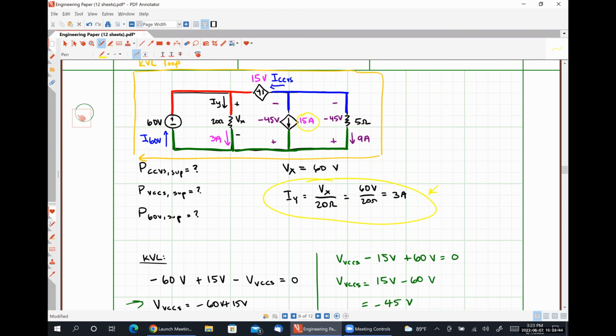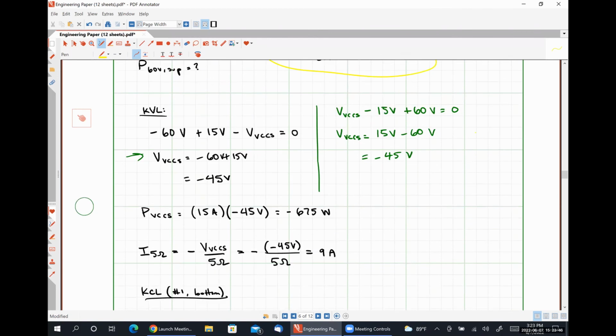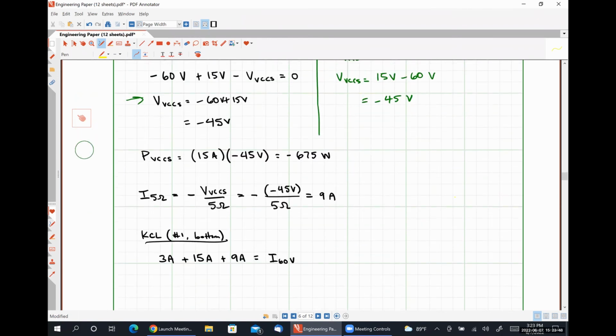For this 9 amps here, we did that right here. When the current was flowing into the negative polarity terminal, we have to add these negative signs to our Ohm's law equation. And that's how we wound up getting this 9 amps. So we are being consistent in what we're doing.